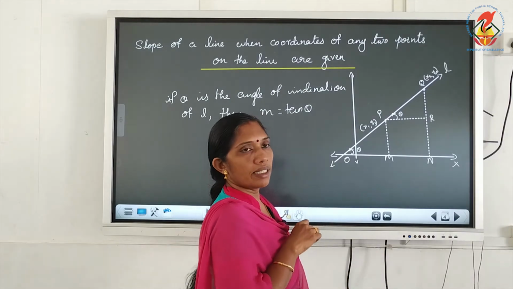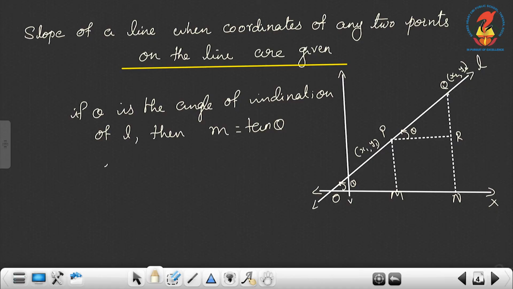Now we consider the triangle PQR. There, angle RPQ is equal to theta, since the corresponding angles are equal. Now what is tan theta in this triangle?